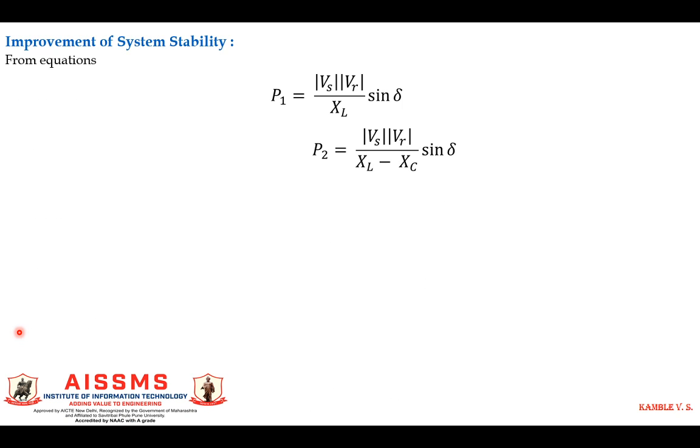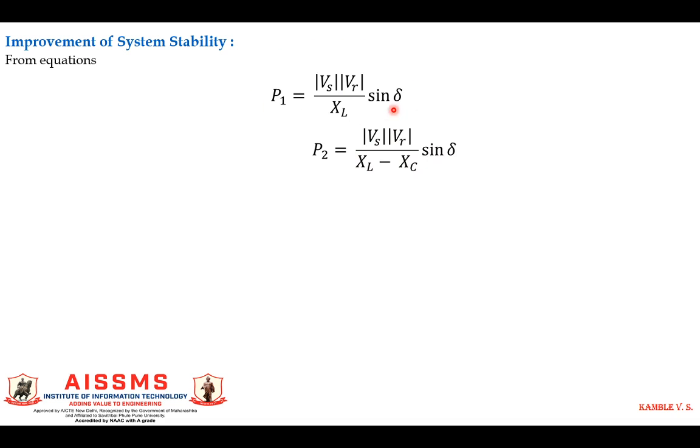Another advantage of series compensation is improvement in the system stability. How will the system stability be improved? We have two equations: P1 equals Vs Vr divided by XL into sine delta, and P2 equals Vs Vr divided by XL minus Xc into sine delta.